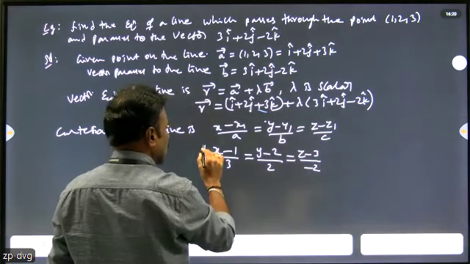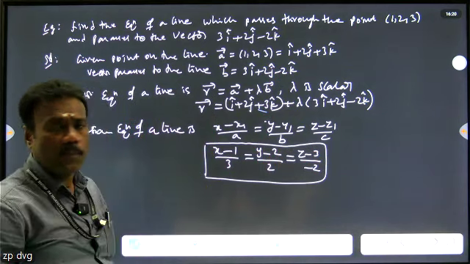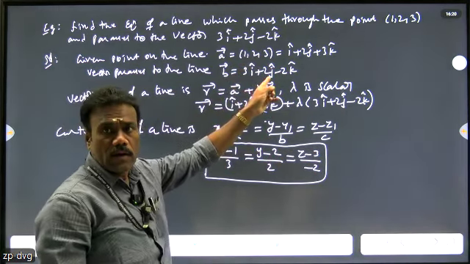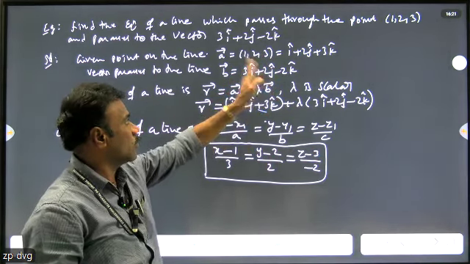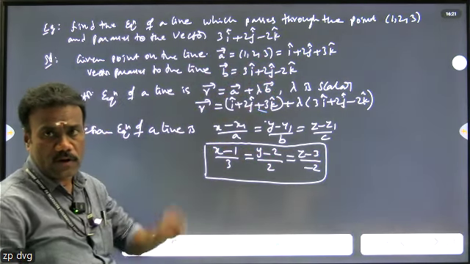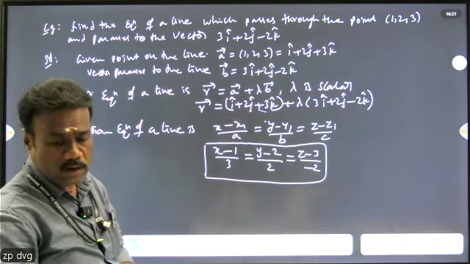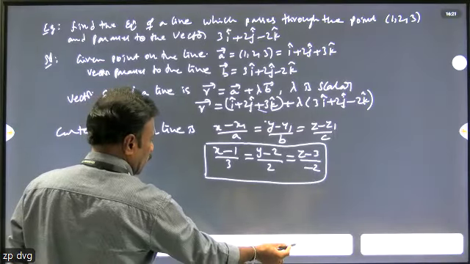So this is the Cartesian equation of a line passing through the point 1, 2, 3 and parallel to the vector 3i cap plus 2j cap minus 2k cap. The Cartesian equation of the line is this one, and the vector equation is this one, right? Now let us go for the next question in the same model.